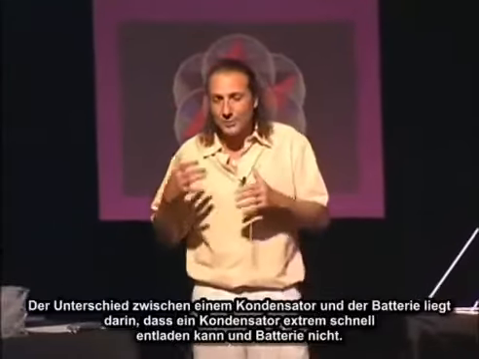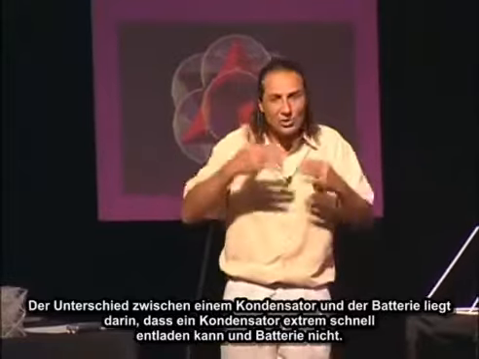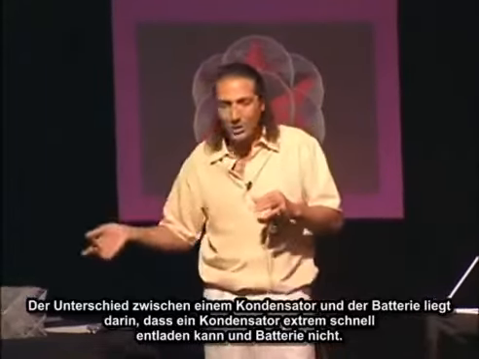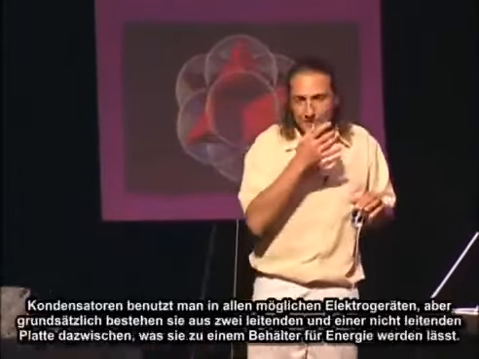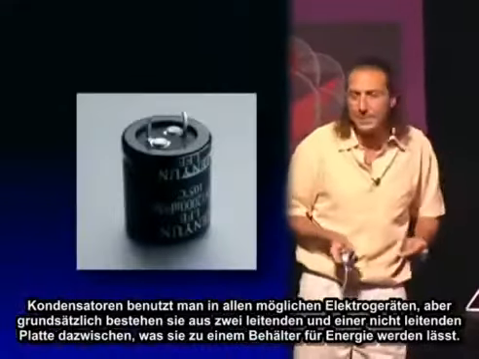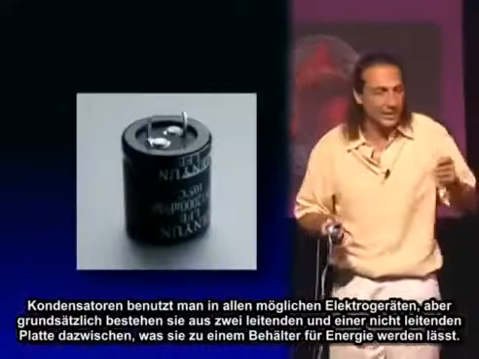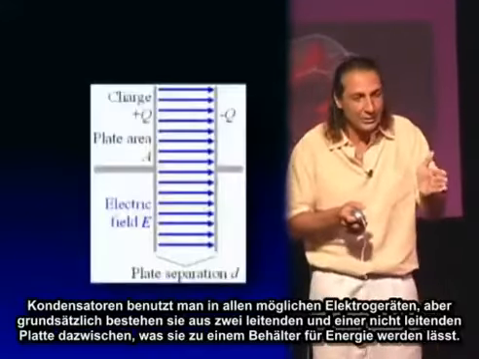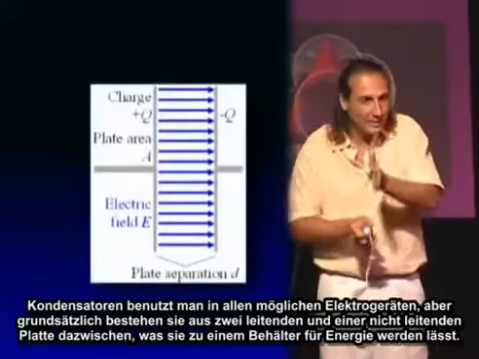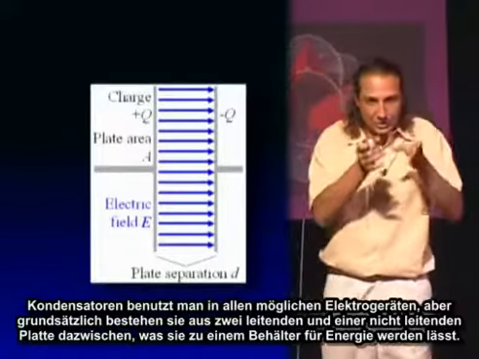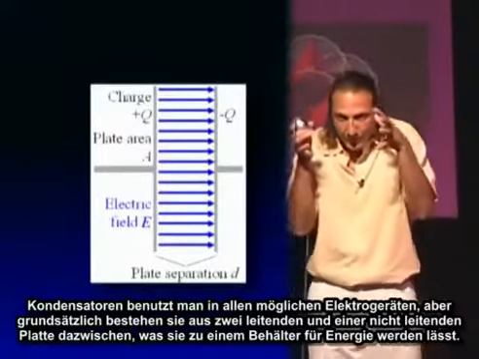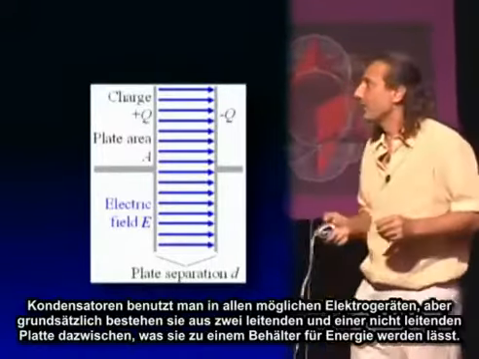The difference between a capacitor and a battery is that a capacitor can discharge extremely rapidly, where a battery cannot. And so capacitors are used in all sorts of electronics today. Basically, there are two electrical plates and a dielectric, which creates a container for energy.